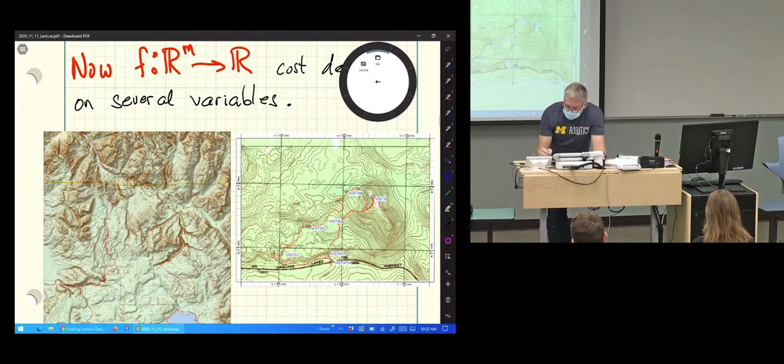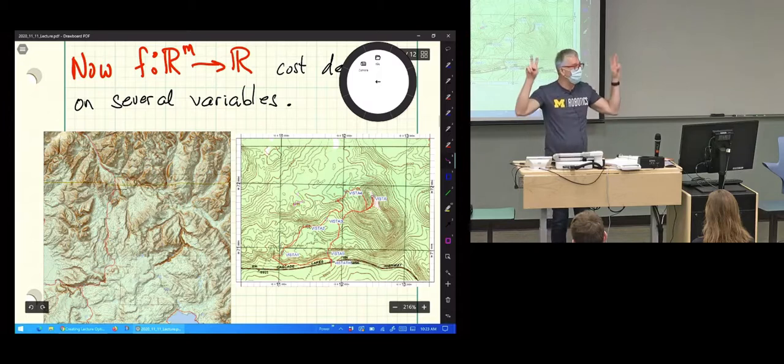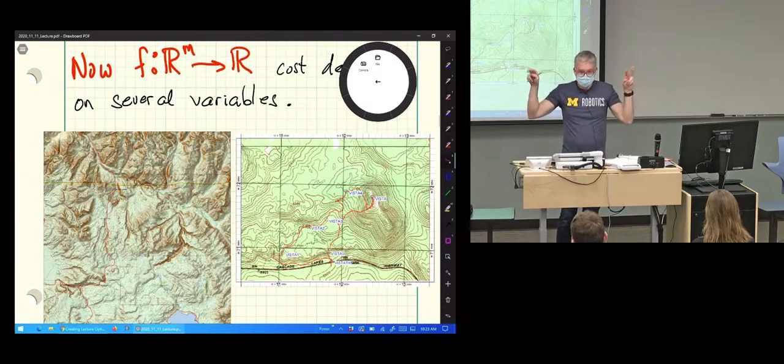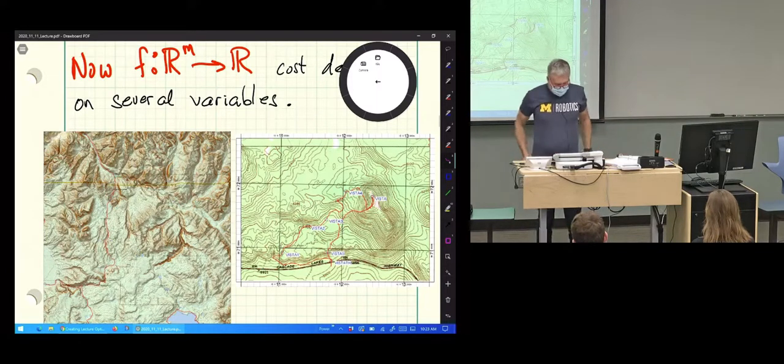Now, if you're looking at a topo map, each of these lines is a constant altitude. So it's constant cost, okay? We're trying to minimize our cost or maximize our cost.